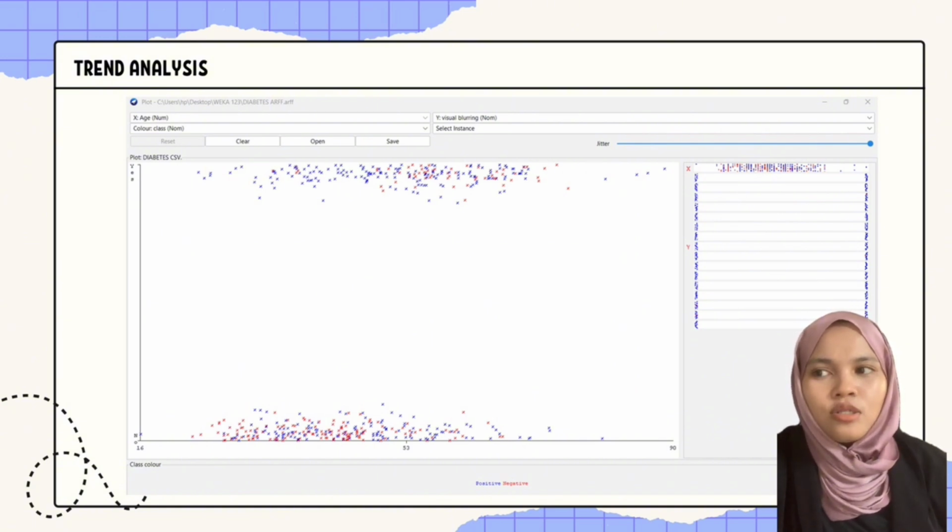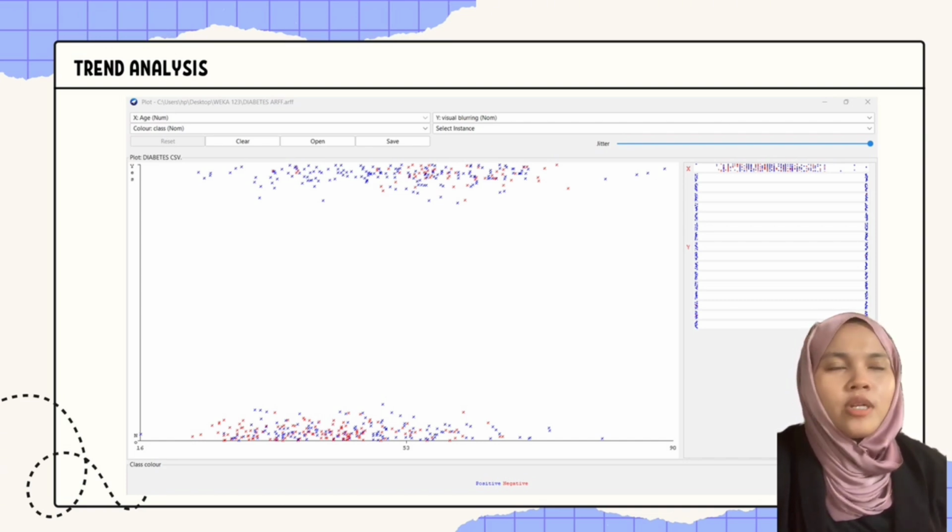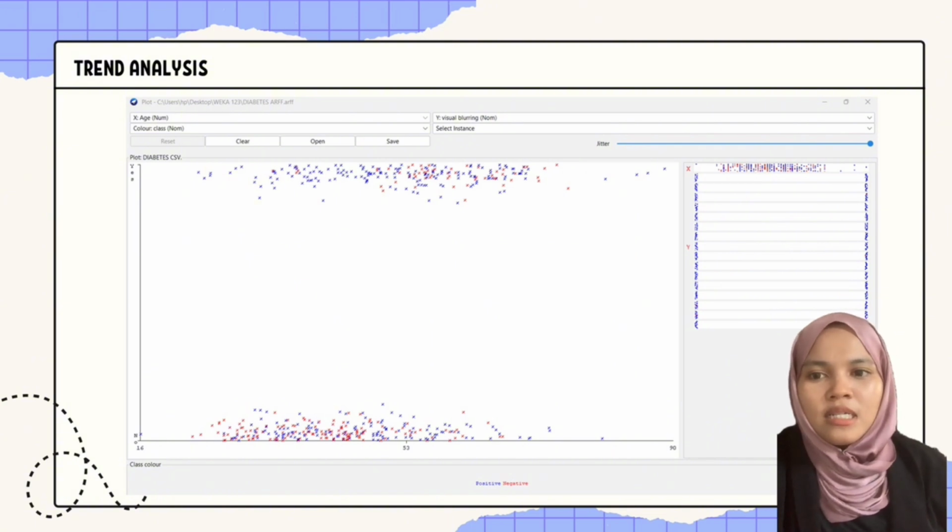In the younger age group of 0 to 52 years, it can be seen that subjects who did not report visual blurring symptoms had a lower risk prediction for early stage diabetes compared to those who did report visual blurring. This trend is also seen in the older age group of 53 to 90 years old.